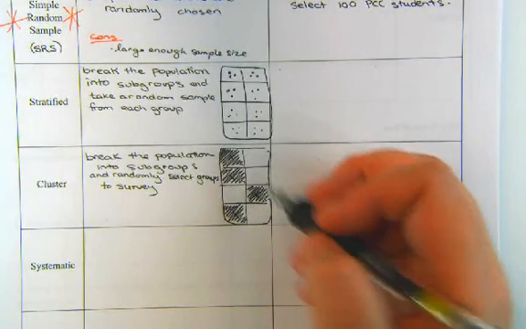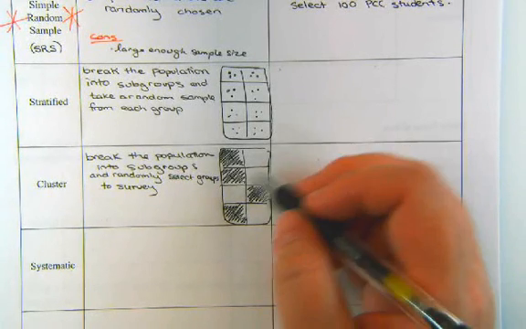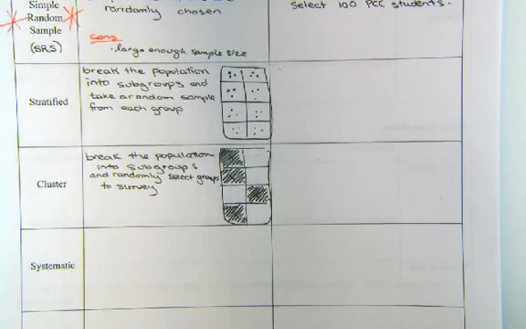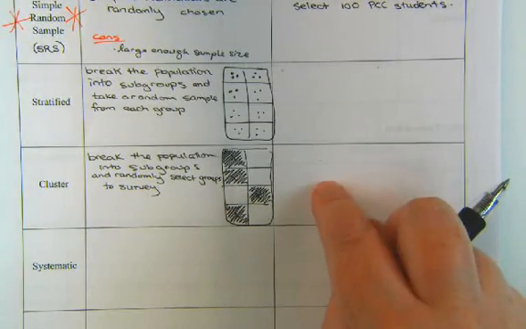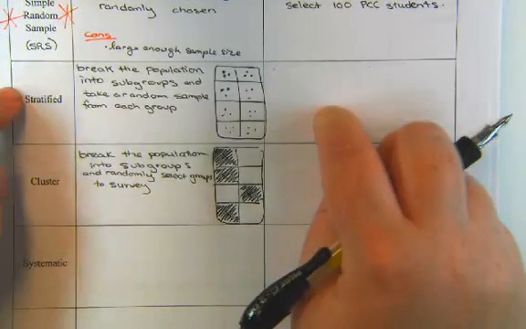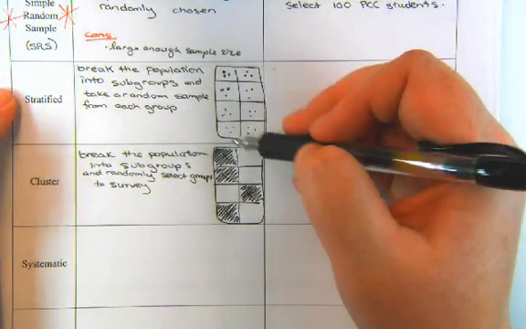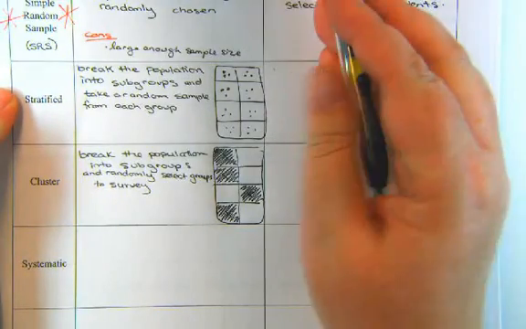The thing about cluster is that you're going to leave out entire groups. And that's where when you make the groupings with cluster, you want to be careful with how you choose groups. It should be okay that you're leaving out groups there. So let's look at if we applied this to collecting data from the PCC students.